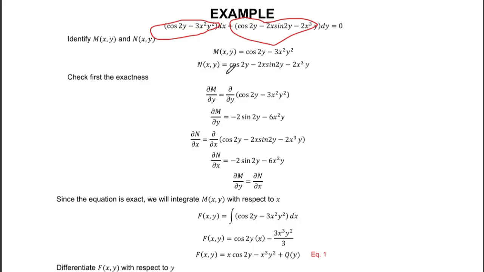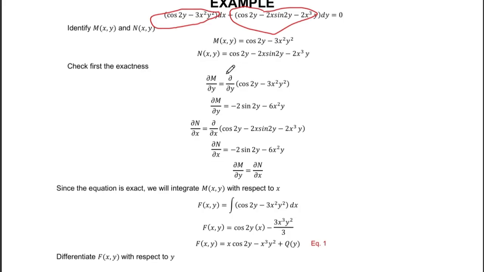First, we are going to check the exactness, or test the exactness, of our functions with respect to y and x. So we have the partial derivative of function M with respect to y, and the partial derivative of N with respect to x.